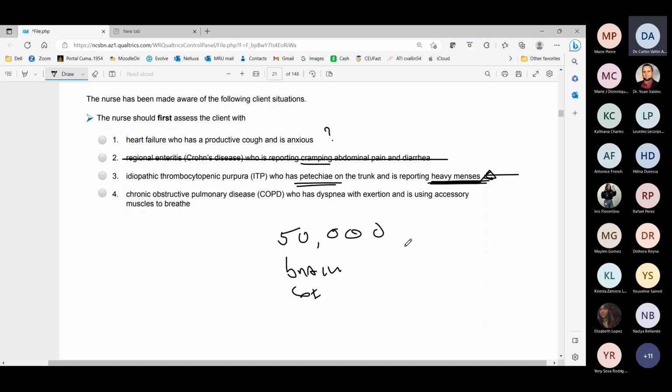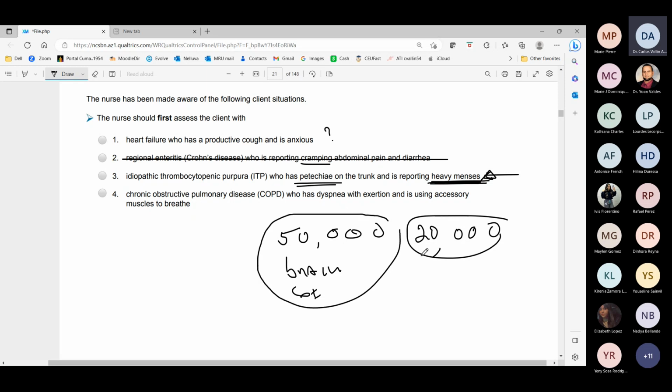I don't remember if I've already covered laboratory tests with you. I think that yes, but platelets are critical, a priority, when they are less than 20,000, because in this range the patient could start bleeding spontaneously. When you have, in your NCLEX or any test, or in real life, a client with low platelets who is not in this emergency range, the only thing you need to do is avoid trauma.